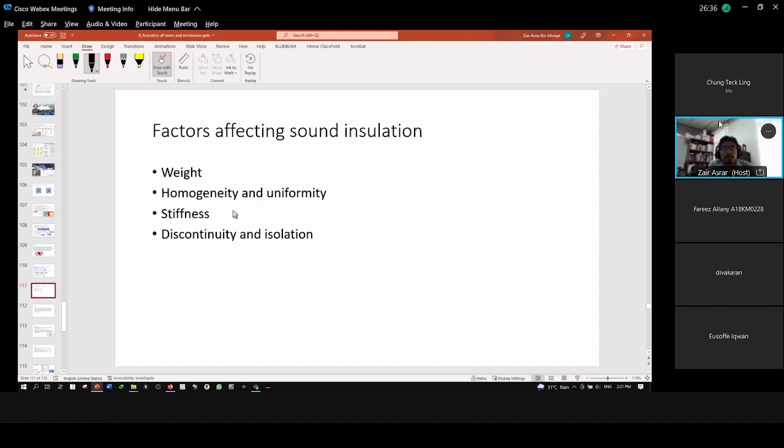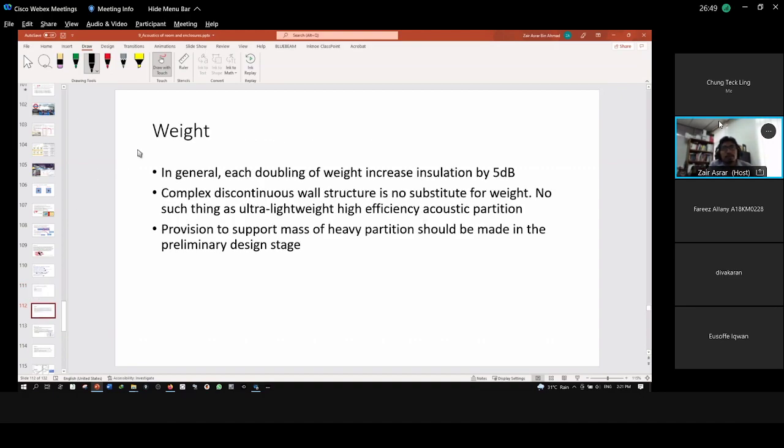And as before, we want to avoid any discontinuity as much as possible to ensure good sound insulation. So in general, increasing weight will increase sound insulation. As a rule of thumb, each doubling of weight will increase the sound insulation by 5 dB.